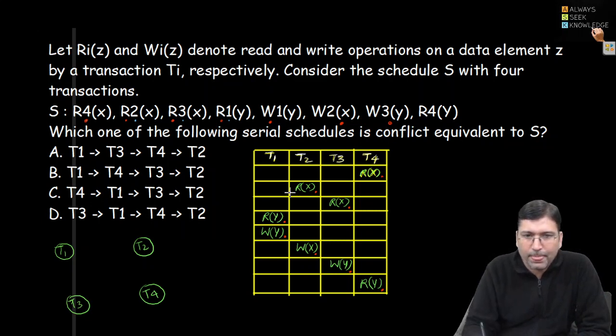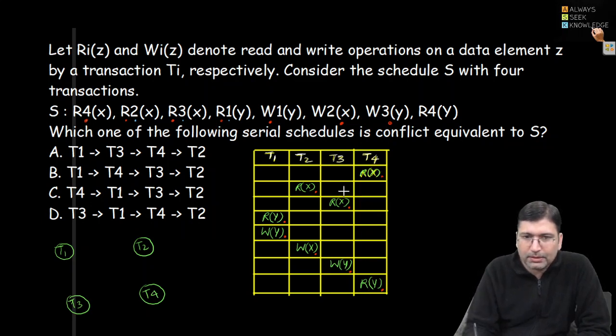The very first thing, focus on this read X. Read X will conflict with write X, and we need to check in another transaction. So let's say T4 is reading X. Then we check T3, T2 and T1. We do not check in the same transaction.